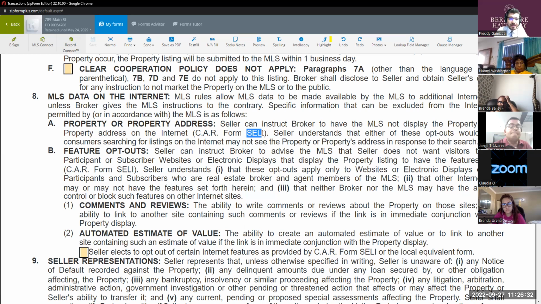Maybe your seller does not want to disclose their address. Maybe they don't want to disclose the city. Maybe they don't want any pictures. Maybe they don't want to disclose anything else on the property. And this is a form to use to exclude certain criteria from the property. Now, why would a seller want to exclude some items or pictures from the MLS or even their address?